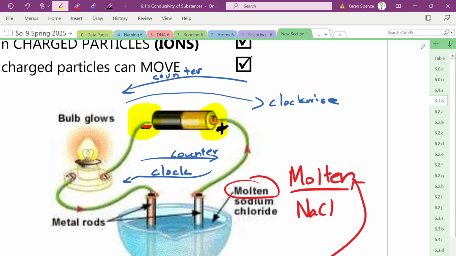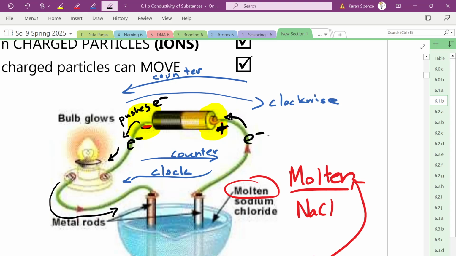So when we have electrons in the wire, this negative pushes the electrons, and it keeps pushing them. And this positive pulls electrons. Okay, so this positive charge over here pulls the electrons.